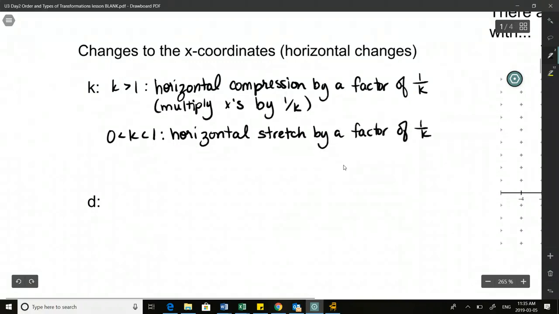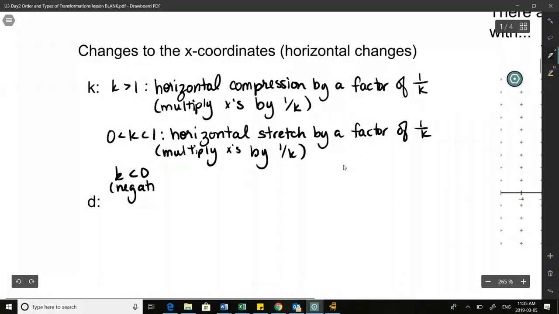And we are always multiplying the x's by that reciprocal. And if k is negative, or less than 0, that is a horizontal reflection.